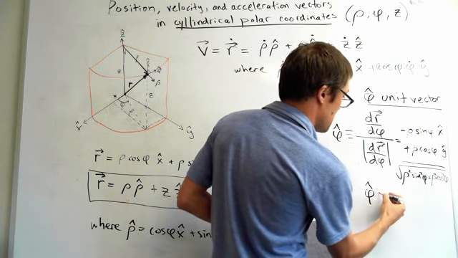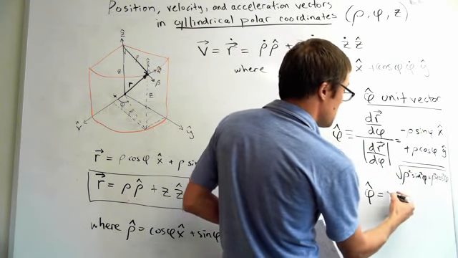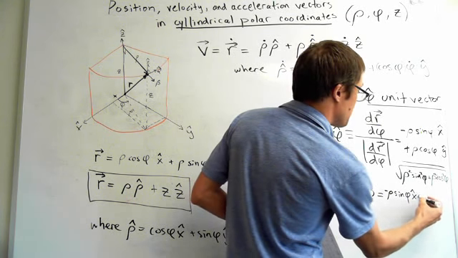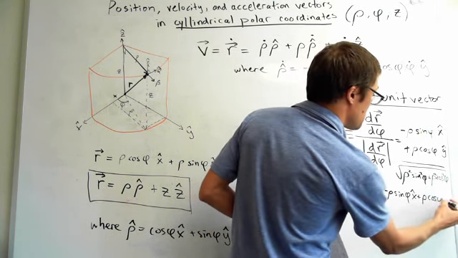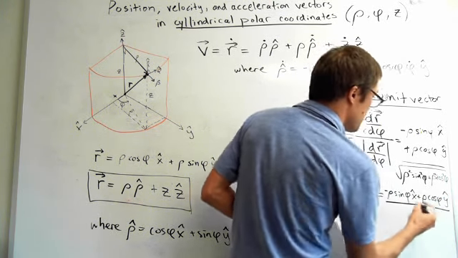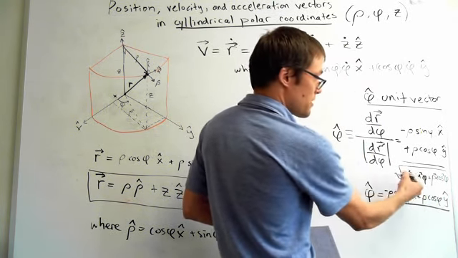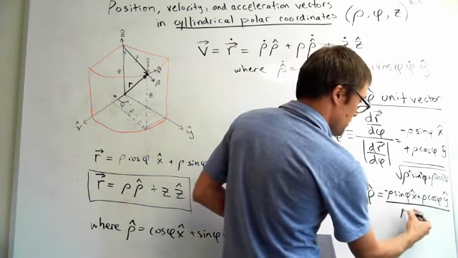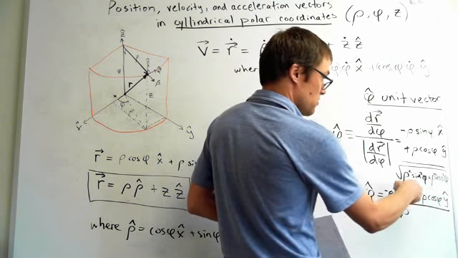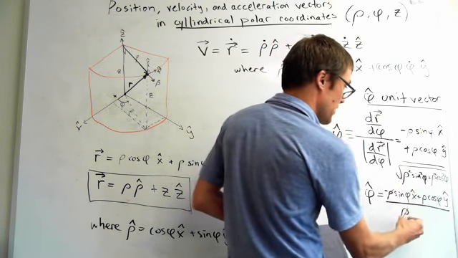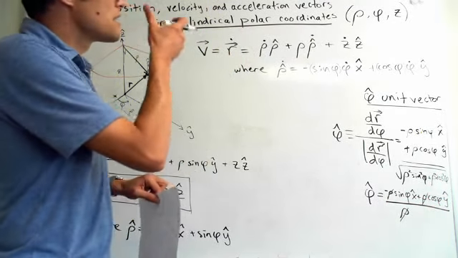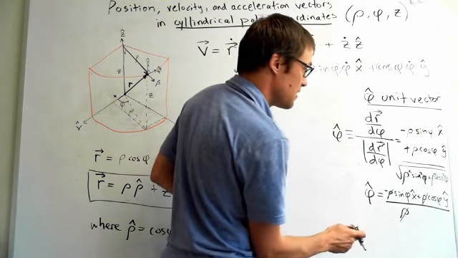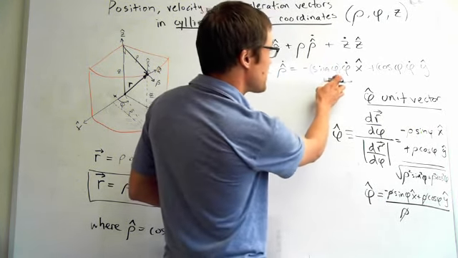So our phi hat is equal to that, divided by, remember, we'll factor out a rho squared, and then sine squared plus cos squared is 1. So we just have a rho in the denominator here, the square root of rho squared. So the rho's all cancel. And what we're starting to see here is that phi hat is in fact buried in here.